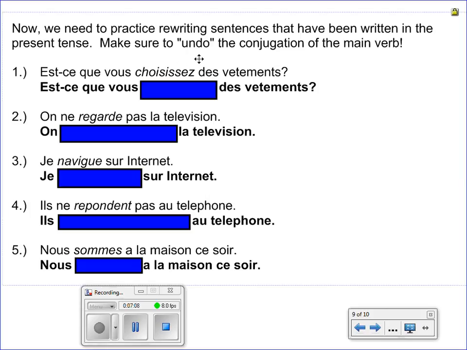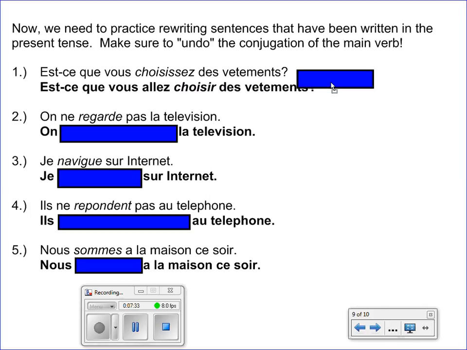Have you chosen the clothes? We want this to say, are you going to choose the clothes? So looking back at our aller chart, it's going to be vous allez, and choisissez comes from choisir. So what I have now is, est-ce que vous allez choisir des vêtements? Are you going to choose the clothes?